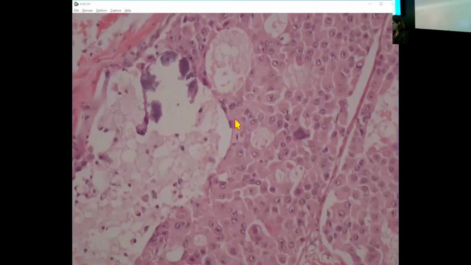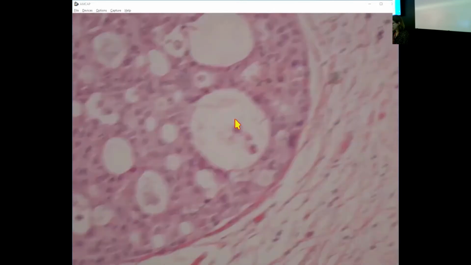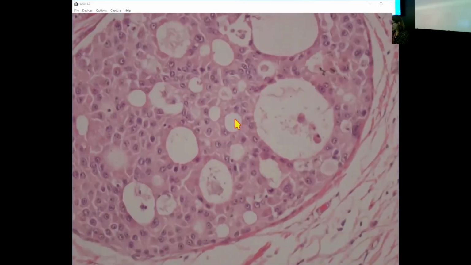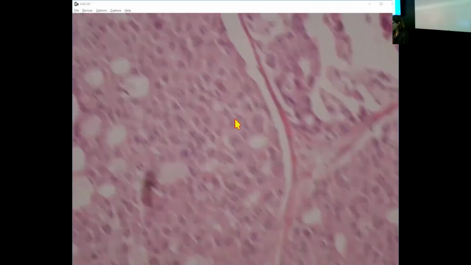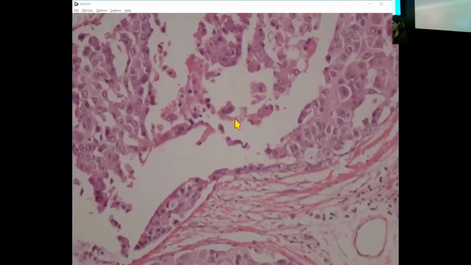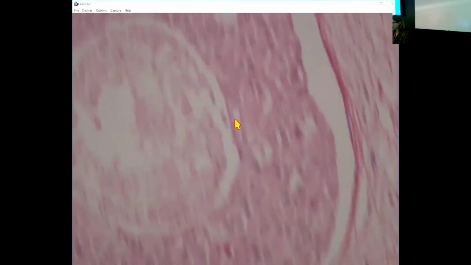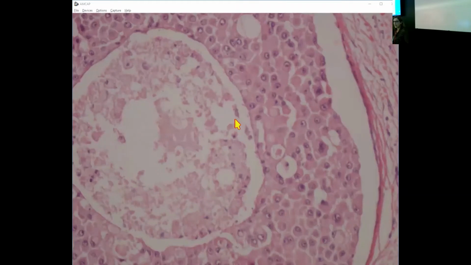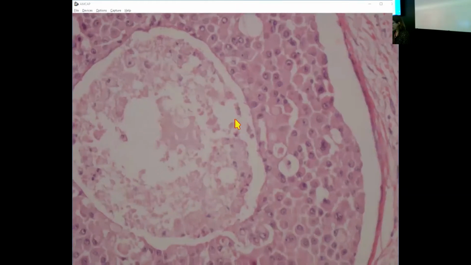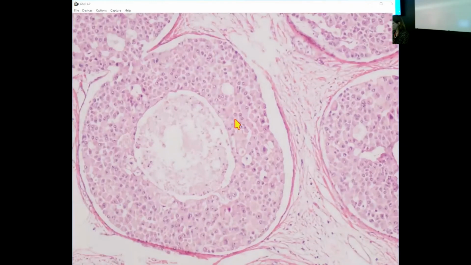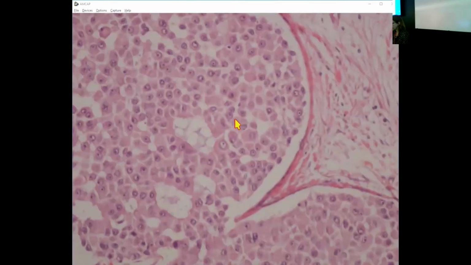I think one of the things, and maybe Eddie has some cases in her collection, when you have very apocrine lesions where it's falling apart, you should think about pleomorphic apocrine LCIS. Here, we have areas where it's trying to polarize, where the cells are sticking together a little bit.